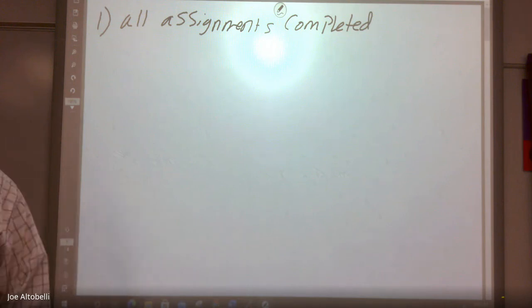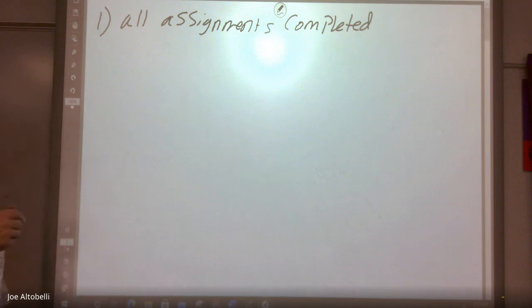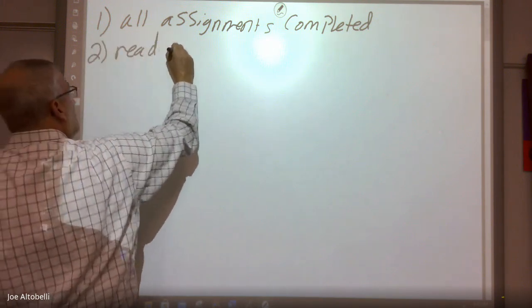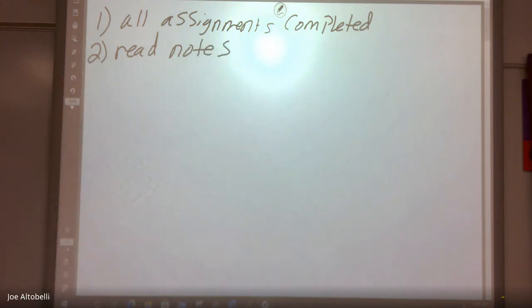So if you cheated and you had somebody else do the assignment for you, go back and redo it. Does everyone follow that? 2. Read the notes. Go back and reread through the notes. Reread through those examples and the problems.